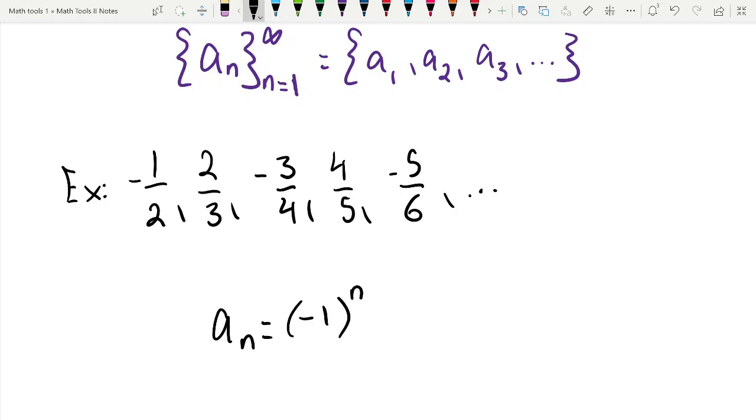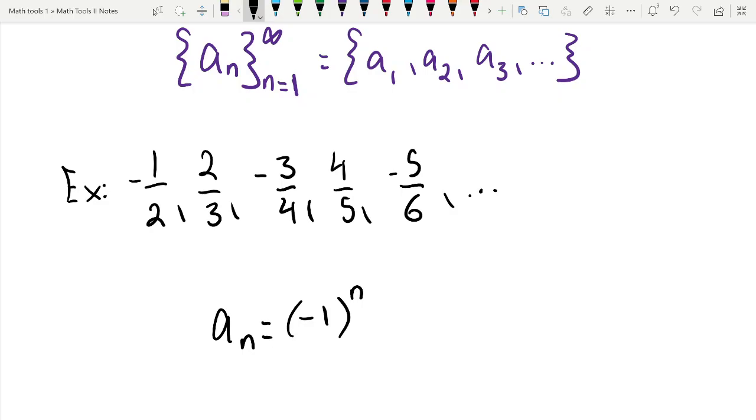If n equals 2, this is going to be (-1)^2, so that term is going to be positive. That's what we want here because our second term is positive. N equals 3, it's going to be negative again, and that's what we want because our third term is negative. So this is a good trick for when we have negative terms in the sequence.